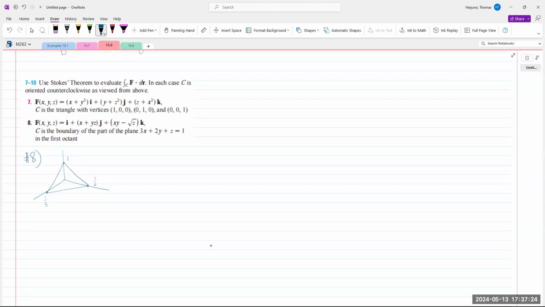Okay. Now, according to our integral, suppose we do it the standard way, like the way we did in 16.2 or 16.3.